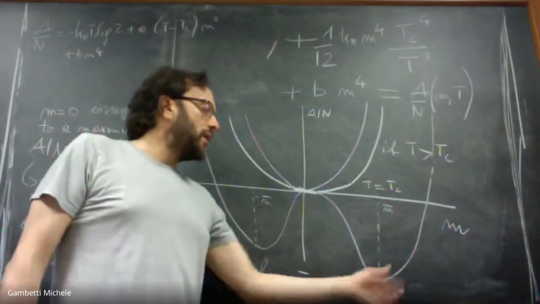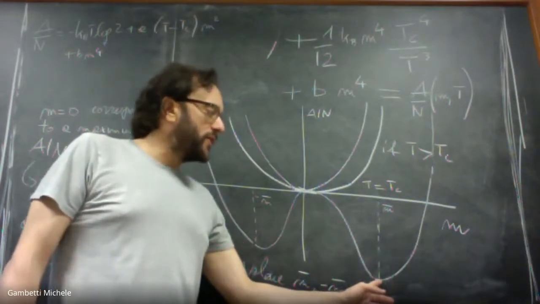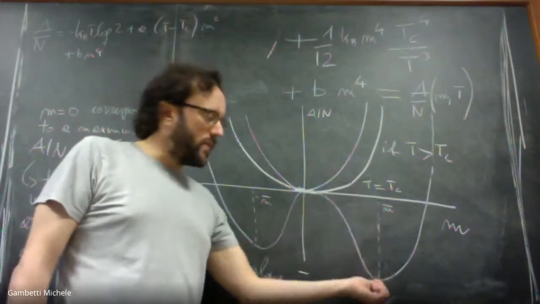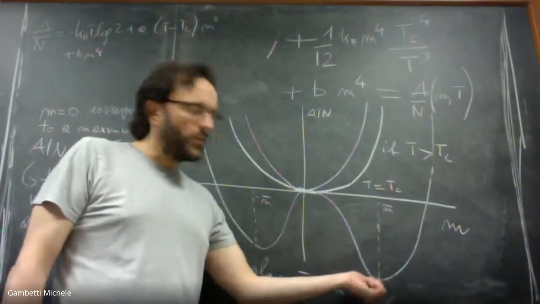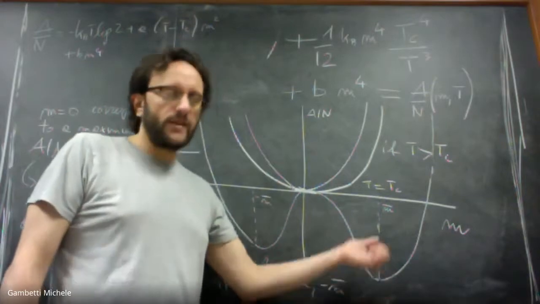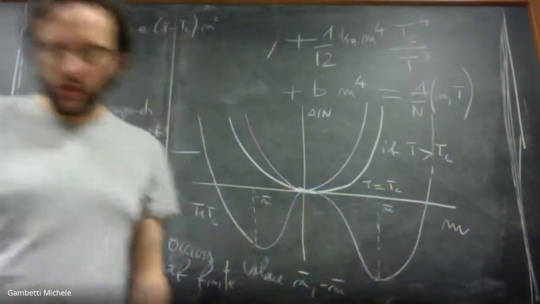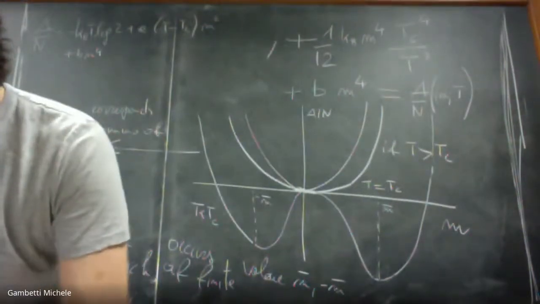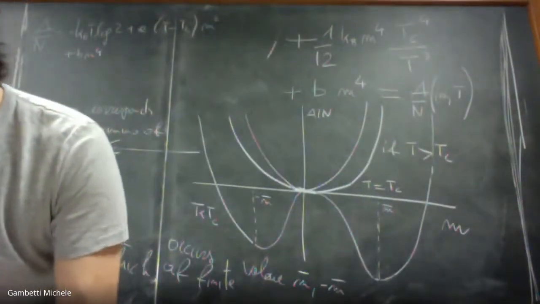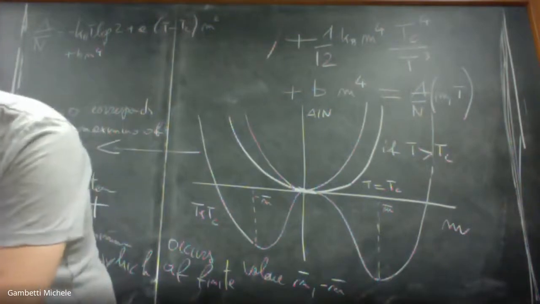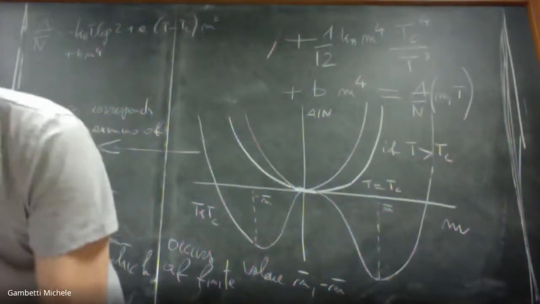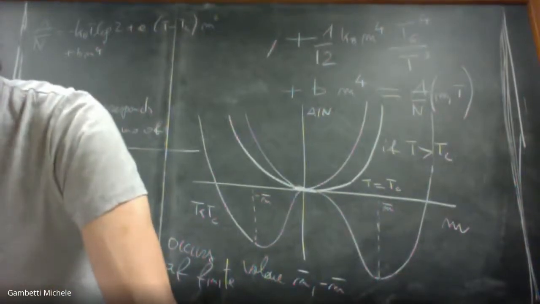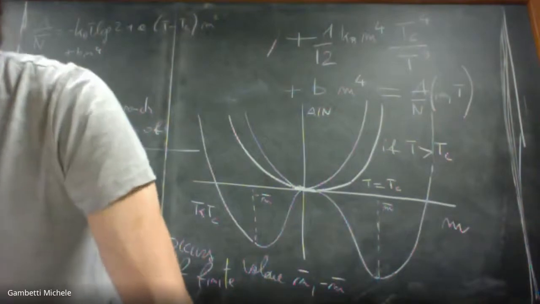Now if you do the calculation in 3 dimensions, you will have a rotational invariance of these minima, and actually it will become the famous Mexican hat that you might have seen in the case of the Higgs potential.